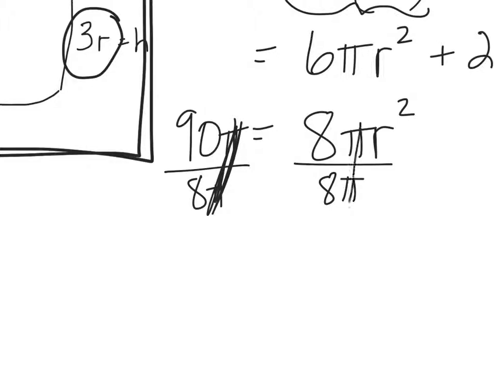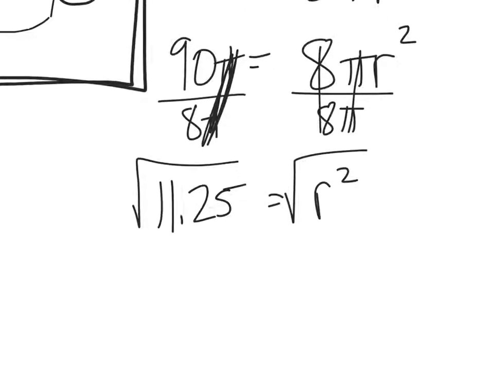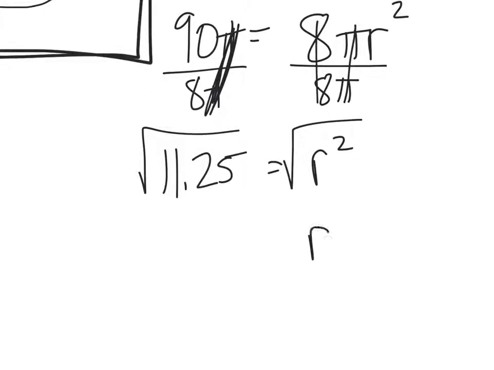So the pi's cancel out, and I don't have to include them in my division. 90 divided by 8 is 11 1/4. Then when I square root both sides, the square root of 11 1/4 is 3.354 rounded to 3 decimals.